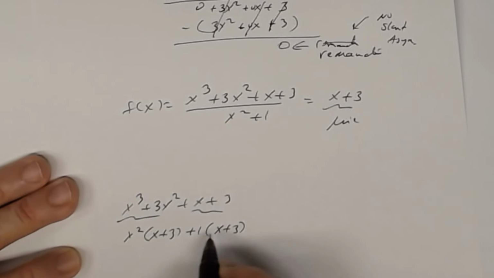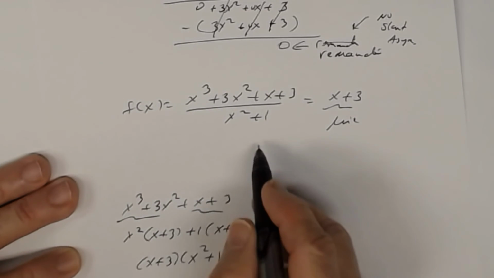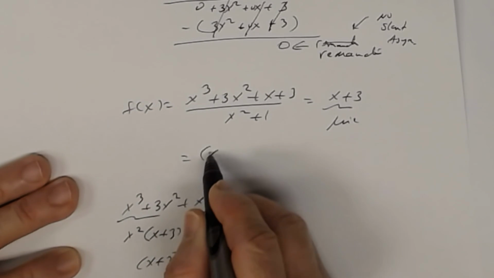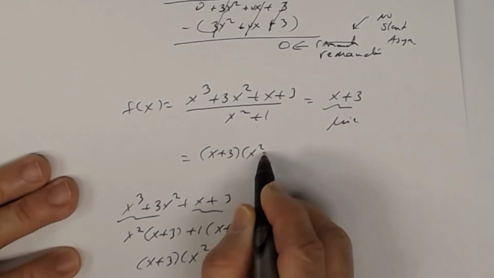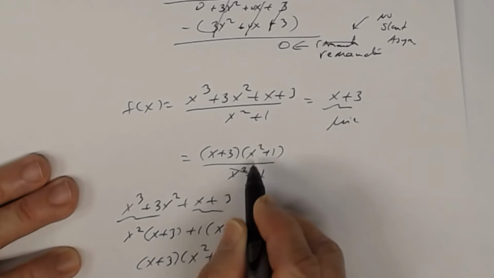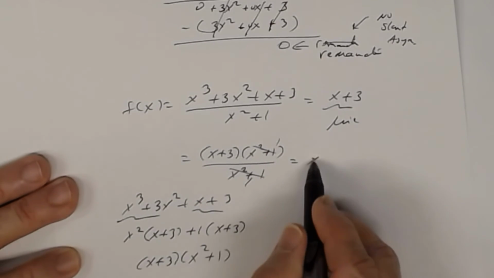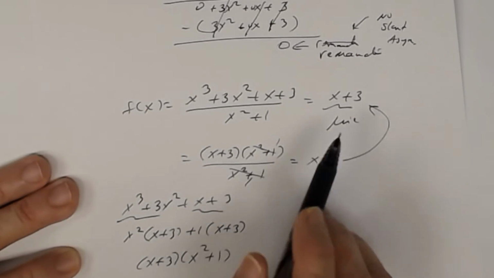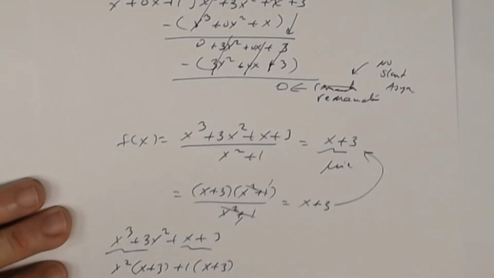See how these are the same? So you can factor out an x plus 3, and you end up with x plus 3 times x squared plus 1. So that's your numerator. So this becomes x plus 3 times x squared plus 1 divided by the denominator, which is x squared plus 1. These divide out, and notice you get x plus 3, which is what we got when doing long division.